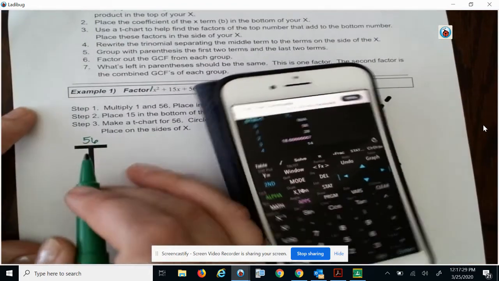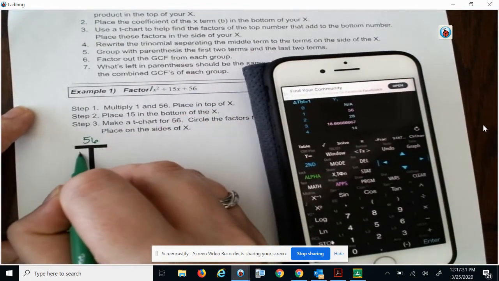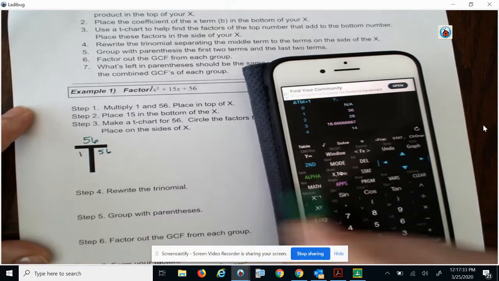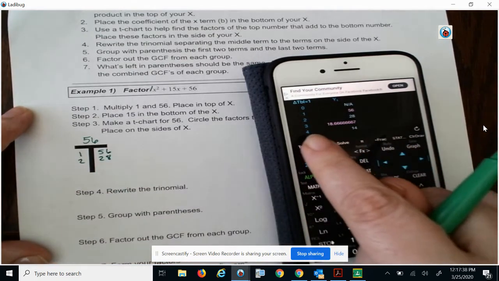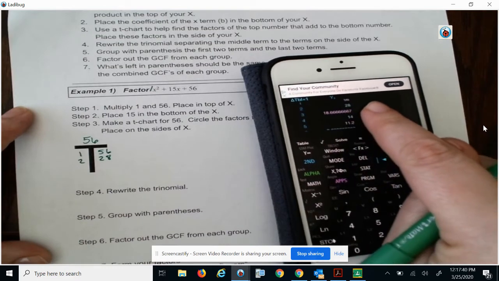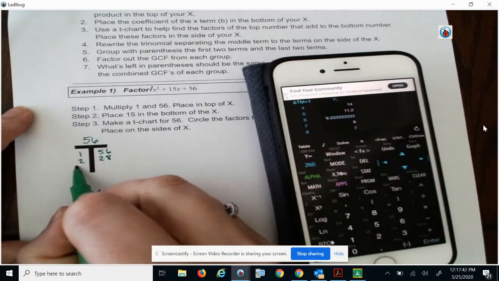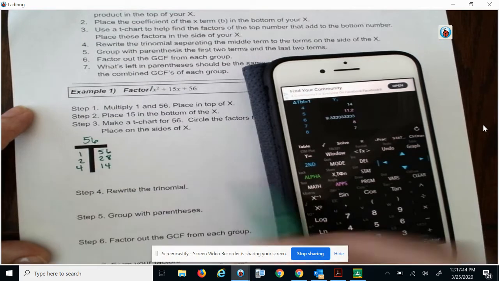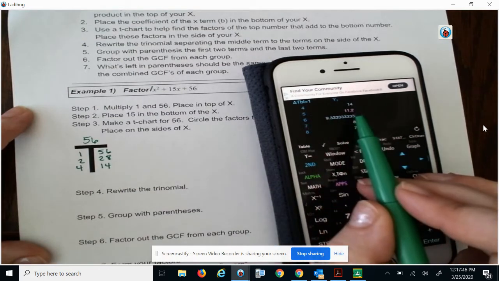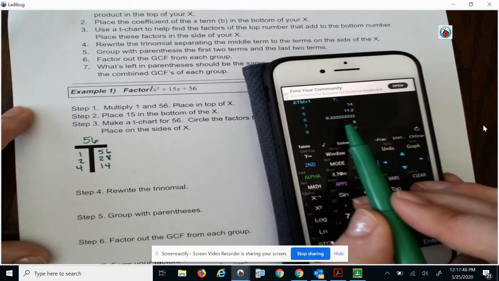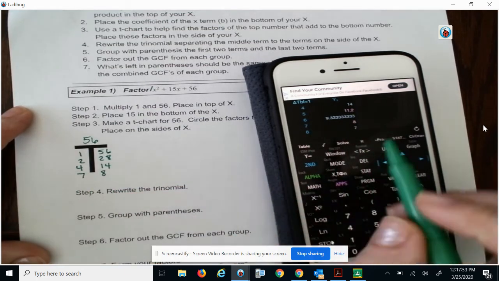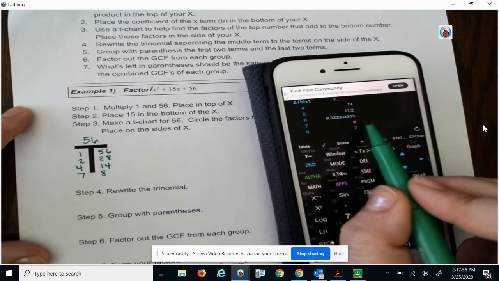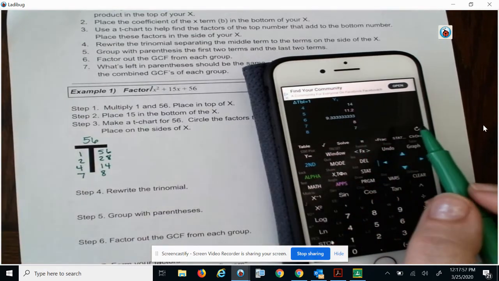We have 1 and 56, 2 and 28, 3 gives a decimal, so we don't want that, 4 and 14, 5 gives a decimal, 6 gives a decimal, then we have 7 and 8, and then 8 is our next number, which is repeating, so we stop.